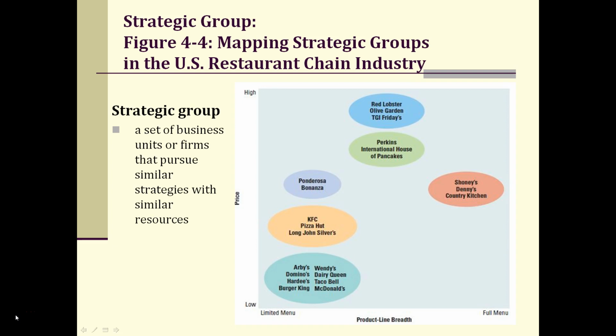Strategic groups in a particular industry can be mapped by plotting the market positions of industry competitors on a two-dimensional graphic using two strategy variables as the vertical and horizontal axis. We can see on this figure the product line breadth and the price.